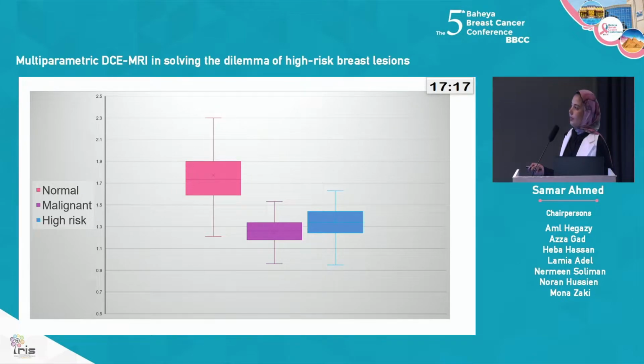By comparing ADC values of 150 benign breast changes, 68 high-risk breast lesions, and 150 malignant breast lesions, the cutoff ADC value for detecting high-risk breast lesion from benign breast lesion was 1.5, and the cutoff average ADC value for differentiating malignant breast lesion from high-risk breast lesion proved to be 1.3.